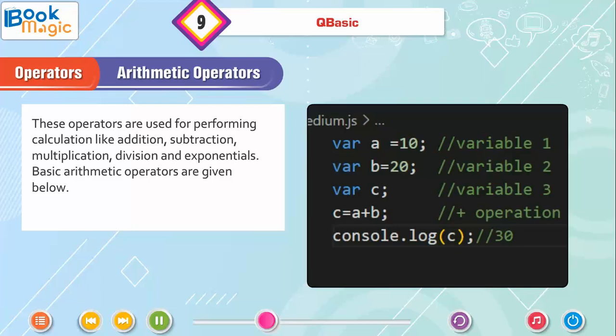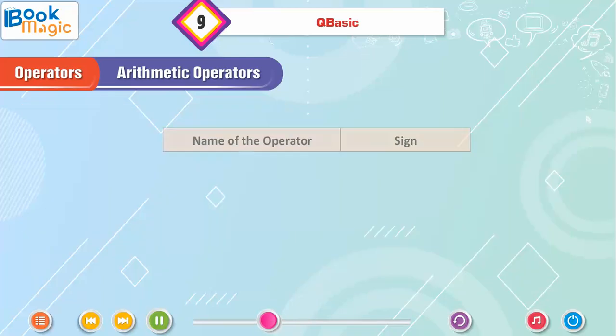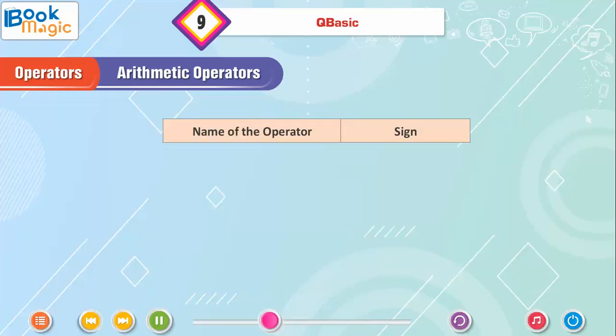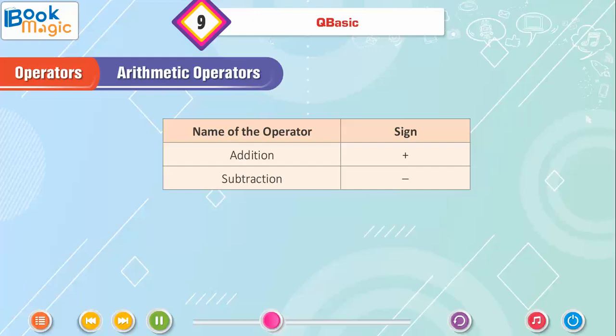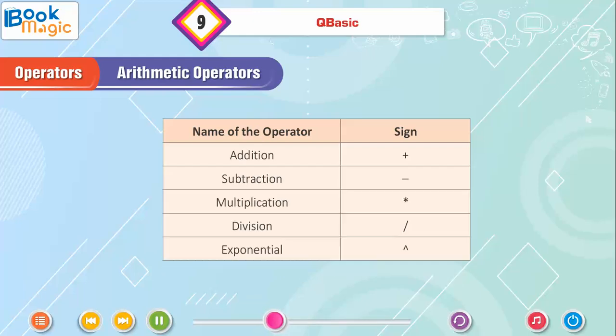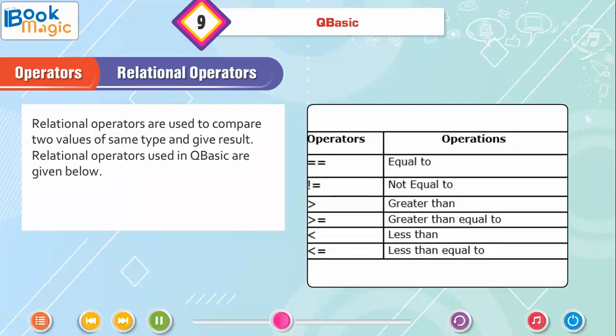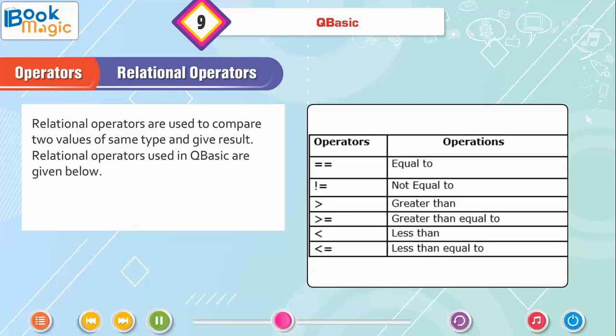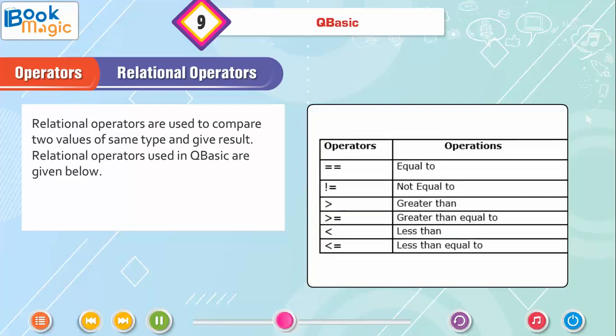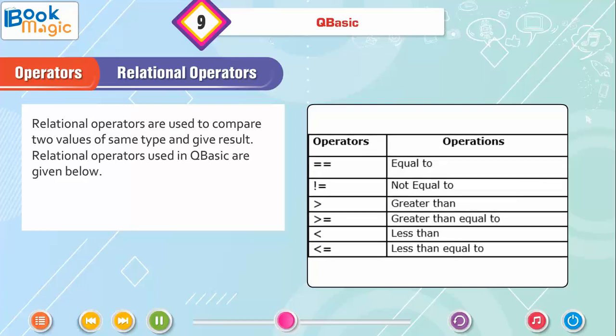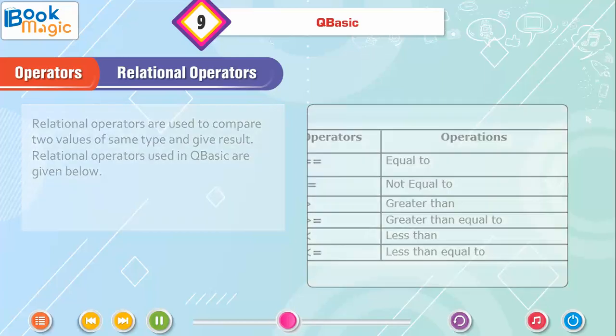Basic arithmetic operators are given below. Name of the operator and sign: addition, plus; subtraction, minus; multiplication, star; division, slash; exponential. Relational operators. Relational operators are used to compare two values of the same type and give a result. Relational operators used in QBasic are given below.